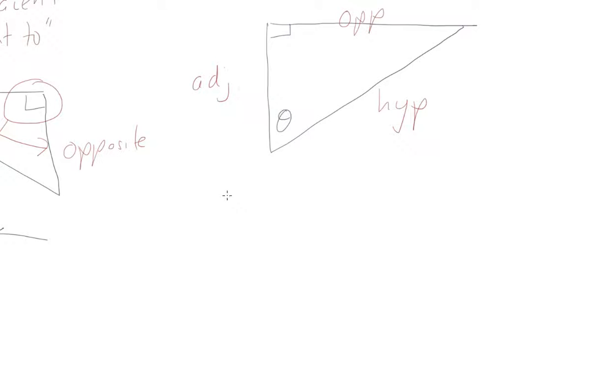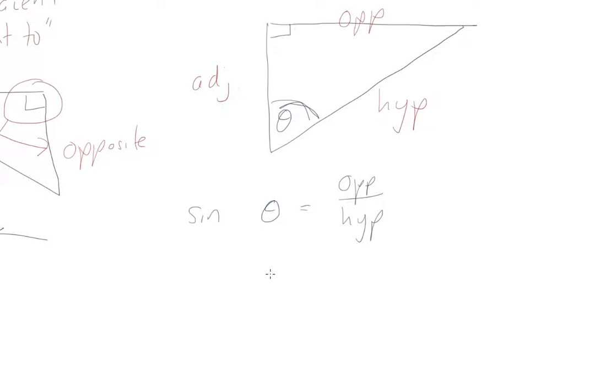My first ratio all has to do with theta here. It's opposite over hypotenuse, and that ratio we call the sine ratio. So sine theta equals opposite over hypotenuse.